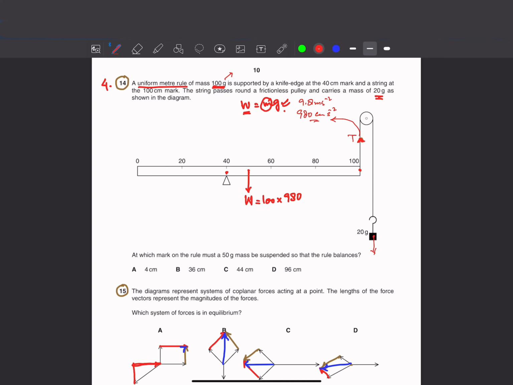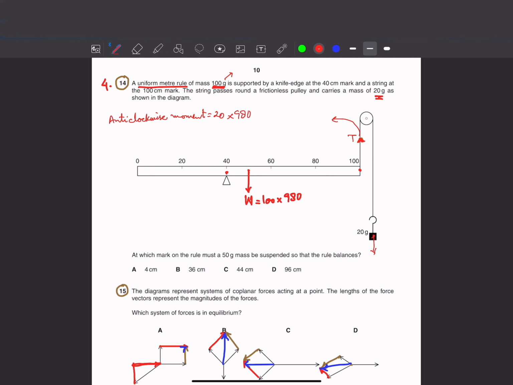So what we can write, we can start from this point that the anti-clockwise moment is equal to what? You can see that here we have mass of 20, and again the same thing, if you want to write in terms of the weight, you can write it this way, and this is your weight.